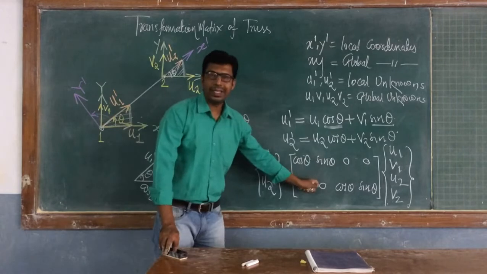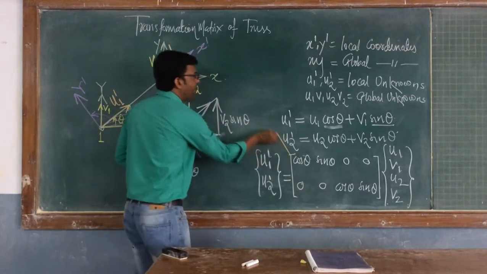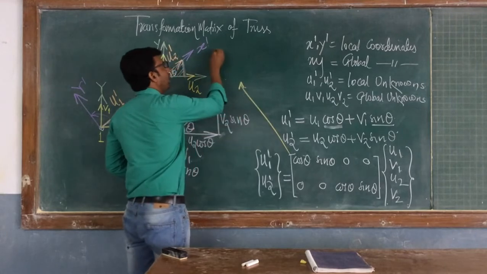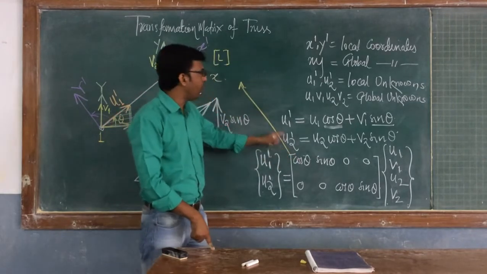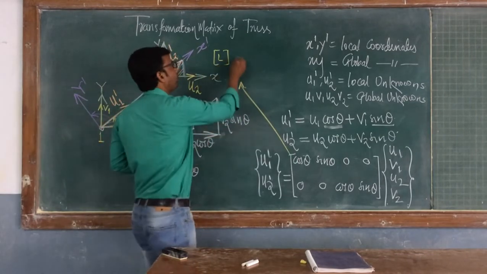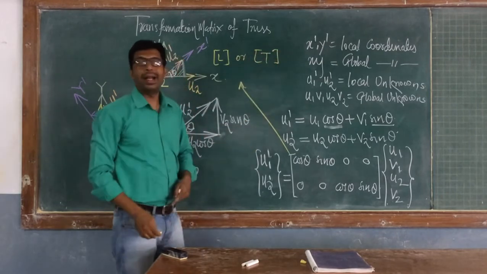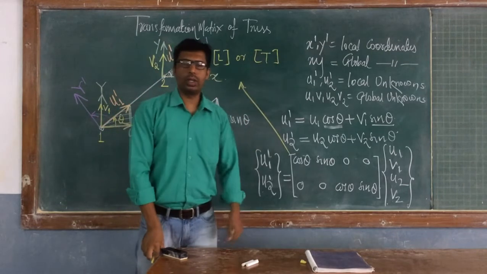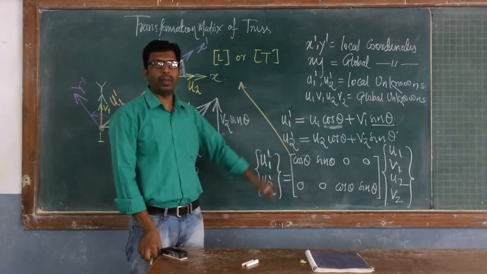You can represent it in another form. This transformation matrix is also represented by matrix L or matrix T in some books. So L or T, you can use to represent the transformation matrix.